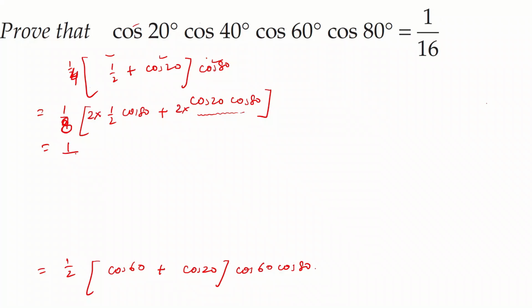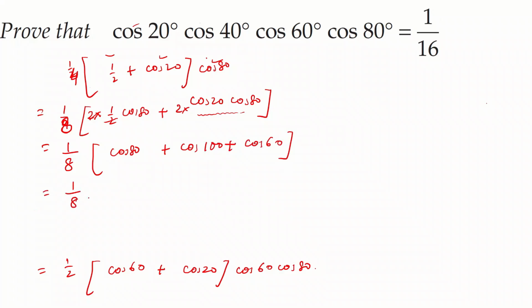So 1 over 8, this 2 and 2 get cancelled out over here, so we get cos 80 plus 2 cos A cos B, which is cos A plus B plus cos A minus B. I hope you understand this. It's just the sort of previous line that we did.